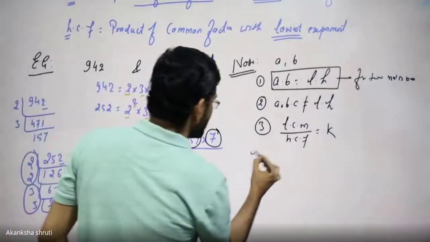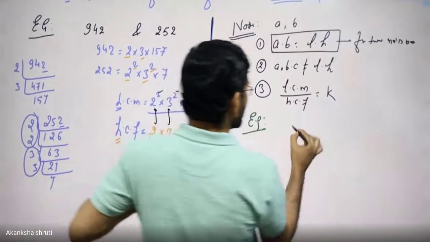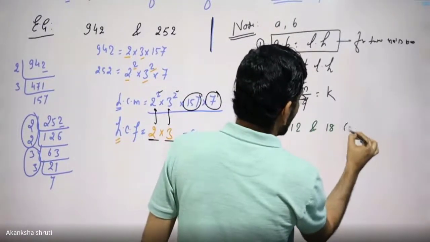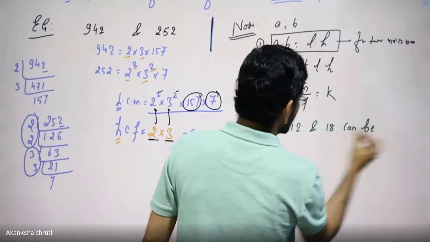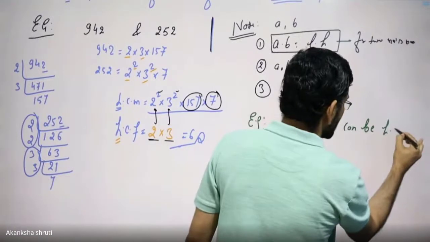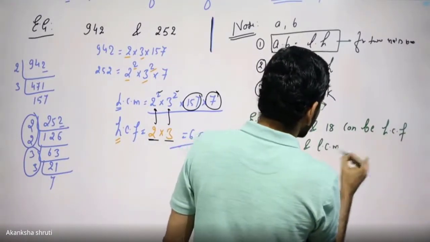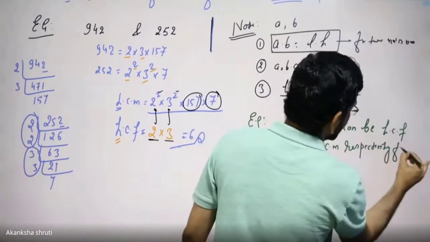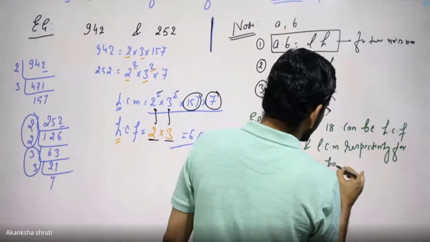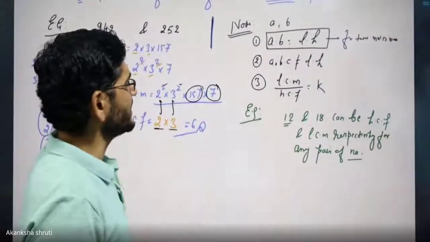Example, it may be asked whether, say, 12 and 18 can be HCF and LCM respectively for any pair of numbers. Students, you know that whichever is the smaller one, that is always the HCF. That number we are not knowing, and it is also not asked here.